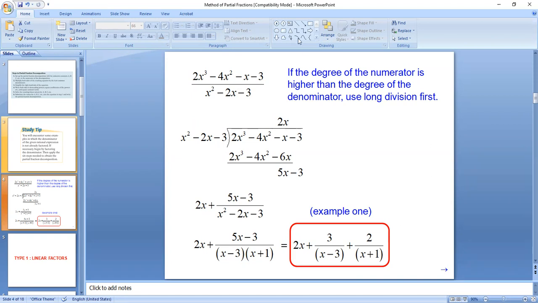The big question is, let me annotate: how did you get this one and this one from this expression? This one may be represented as A, and this one may be represented as B, or vice versa, because these two were written as the partial fraction equivalents of this original expression.